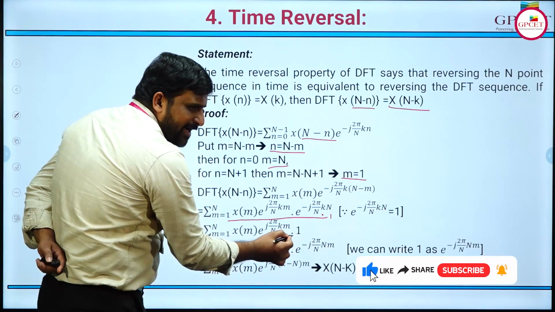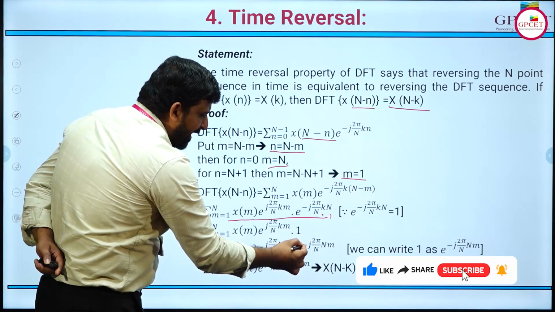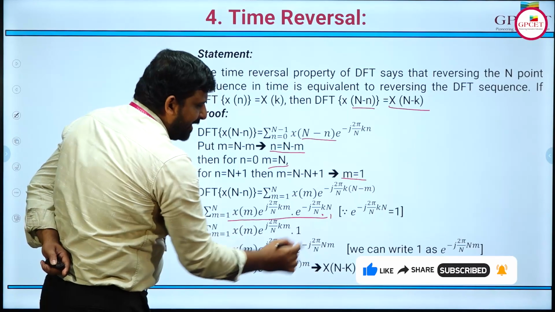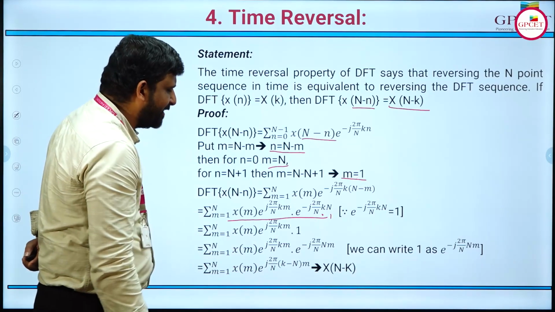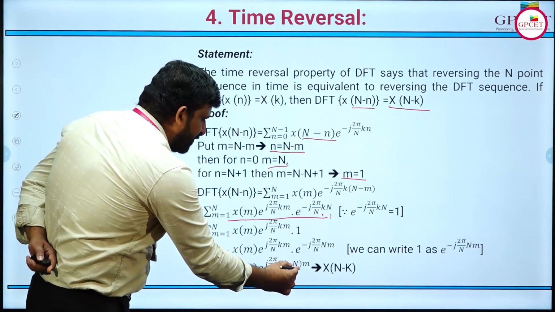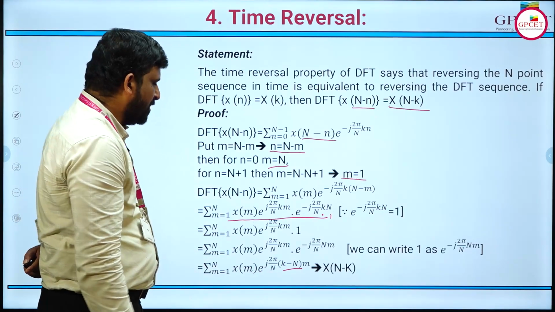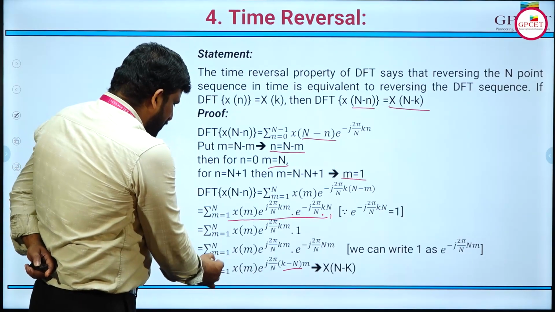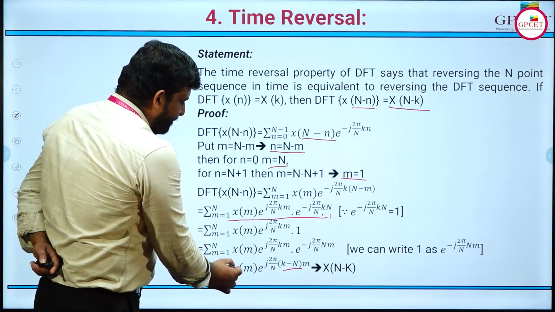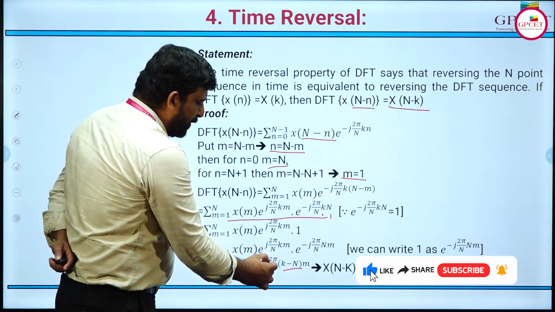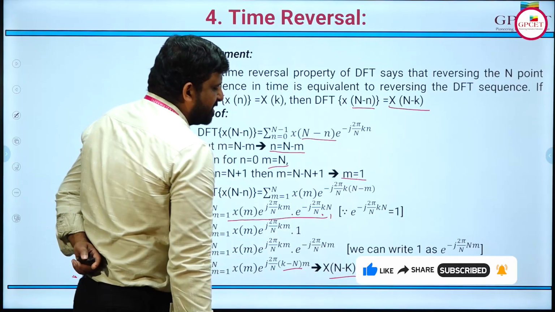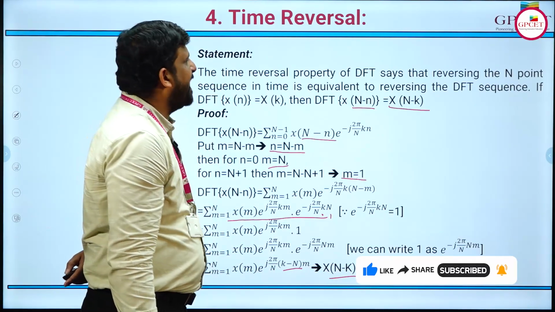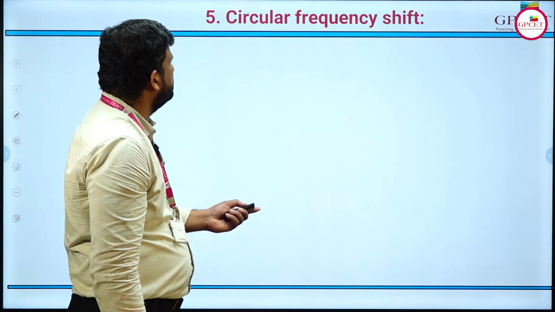Instead of 1, I am writing e power minus j 2 pi by N into N m. Why am I writing like that? To get that particular equation into k minus n into m. So if you see here, summation m is equal to 1 to N x of m e power j 2 pi by N k m. So in the DFT I am going to get x of N minus k, which is the time reversal property.